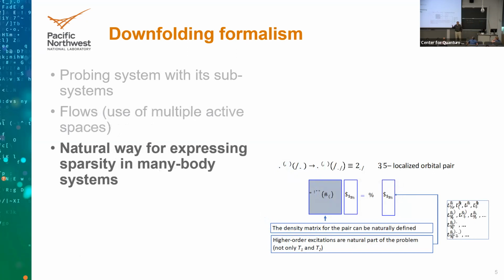This way of dealing with the equations is also a nice way to describe the sparsity of the system, because for each subsystem you have a small effective Hamiltonian. You can form the density matrices, and based on those density matrices, you can select the most important degrees of freedom for that given subsystem.